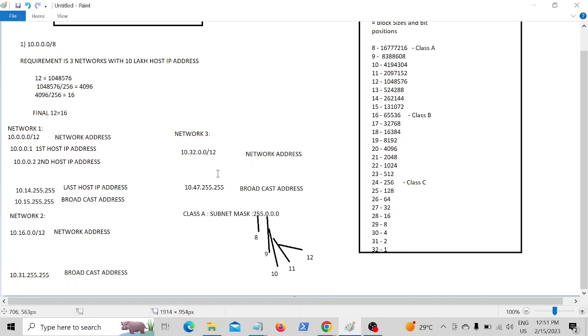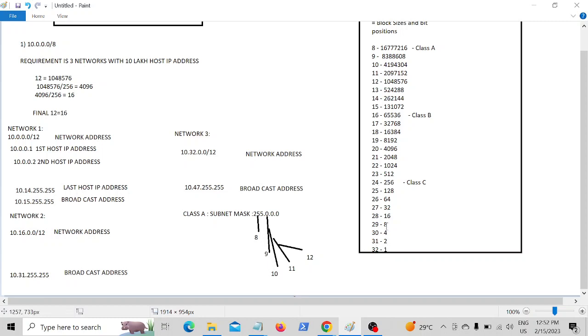For normal class A, the subnet mask will be 255.0.0.0. But when it comes to subnetting, we have to look at the subnet mask for slash 12. So you have to consider the first 8 bits.